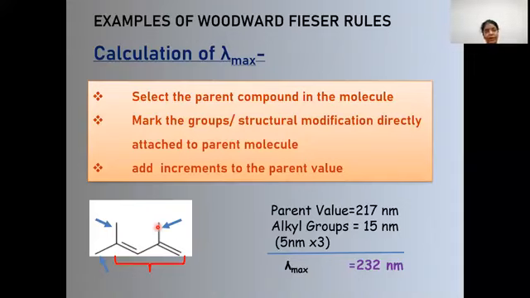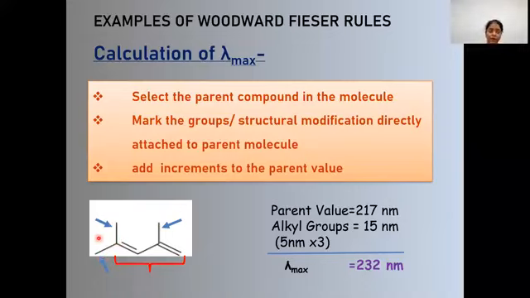This increment will be added to the parent value. For example, this is a parent molecule 1,3-butadiene. For this, the parent value is 217 nanometer. To the second carbon, one alkyl group is present, and to the fourth carbon, 2 alkyl groups are present.